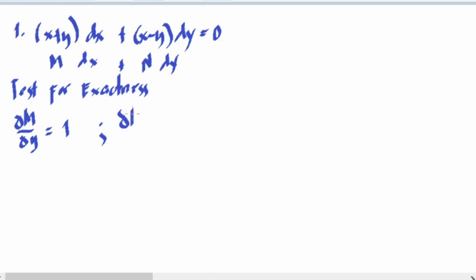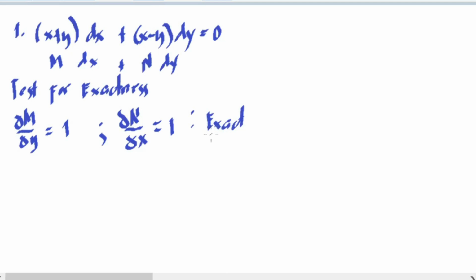Then the partial derivative of N with respect to x, taking y as constant, is also 1. So this example is actually exact.